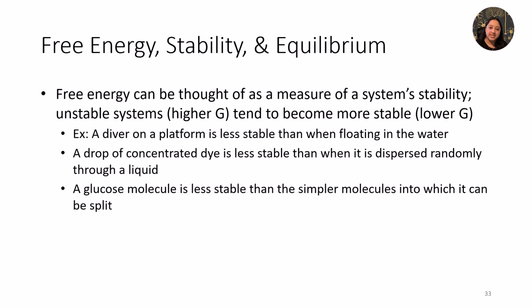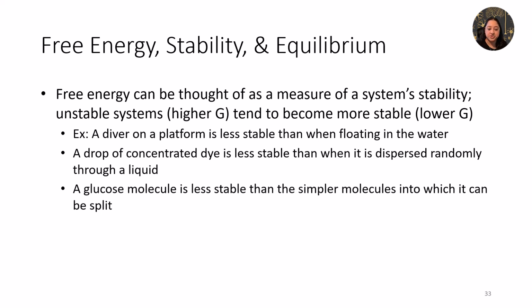So again, going back to the example of people on a lake, there's a diver on a platform. They are less stable when they're on the platform versus when they're floating in the water. If you think about a drop of dye that's really concentrated in water, you just drop the dye. It's less stable than when it gets dispersed through diffusion in that cup. Or a glucose molecule is less stable than the simpler molecules that it could be split into.